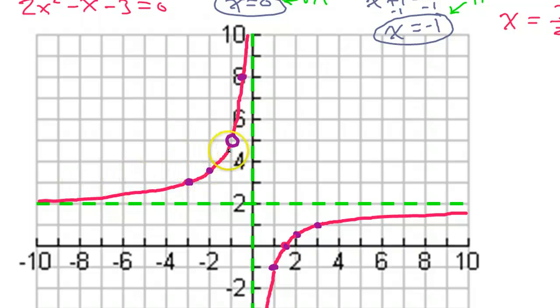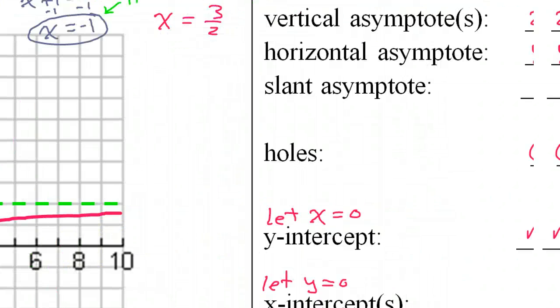So this first part of the domain goes from -infinity up to the hole, which is at -1. So from -infinity to -1 is the first part.